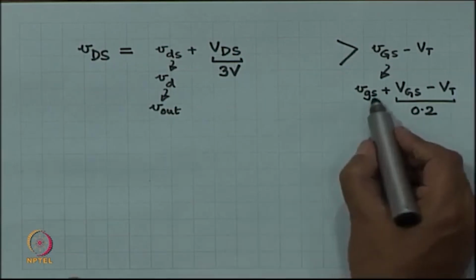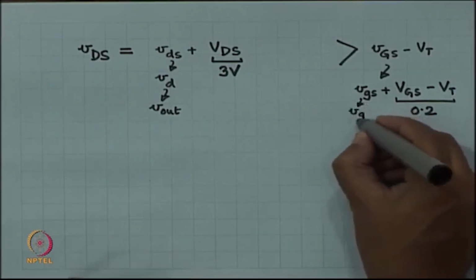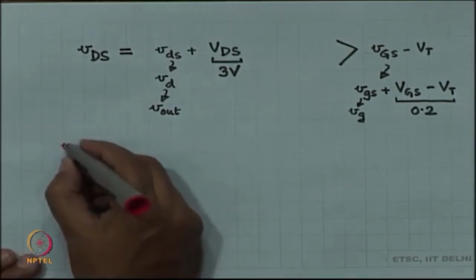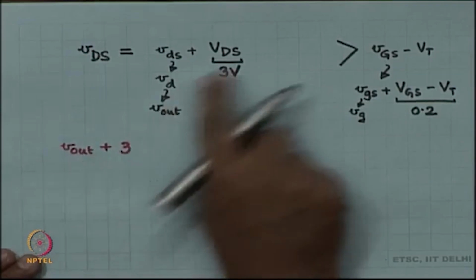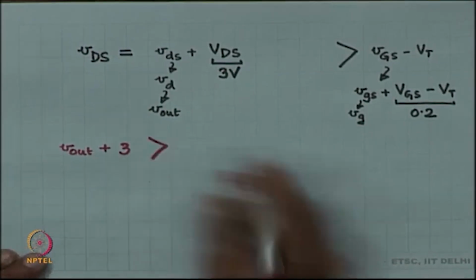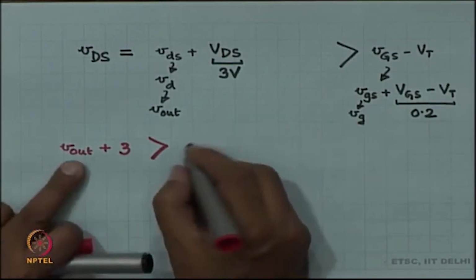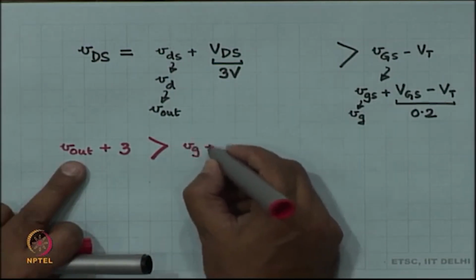Once again, source is not changing. So, therefore, this is nothing but small Vg. Okay. So, what do I have? I have the following: Vout plus 3 volts, that is my small VDS, has to be greater than small Vg plus 0.2.